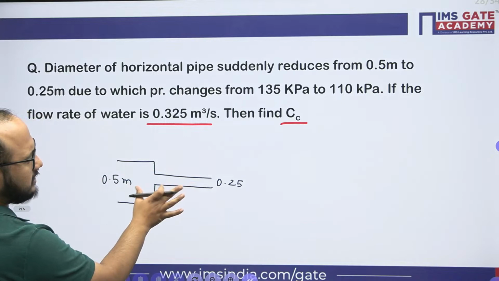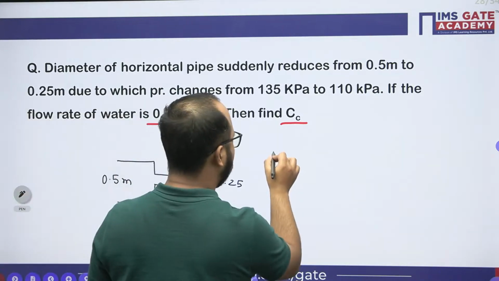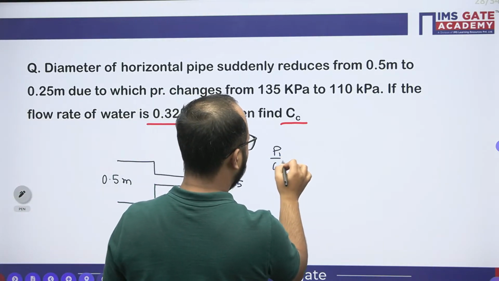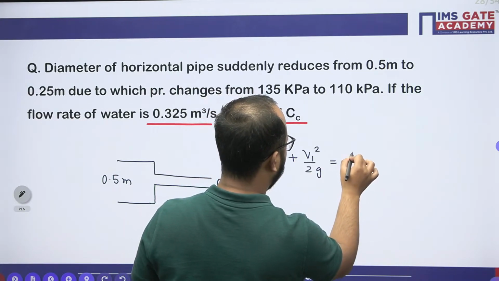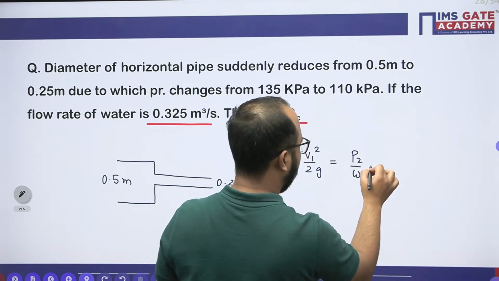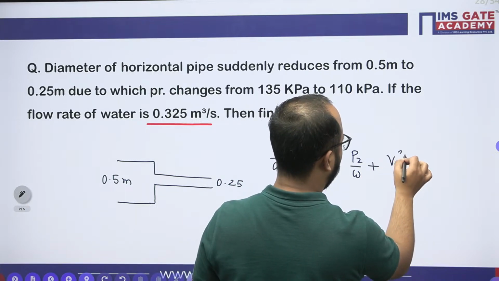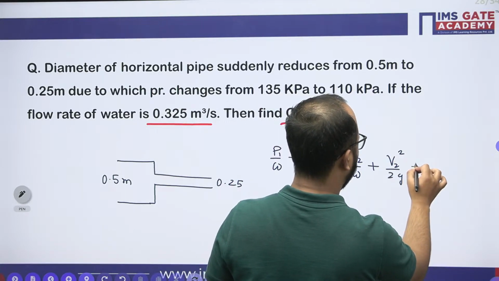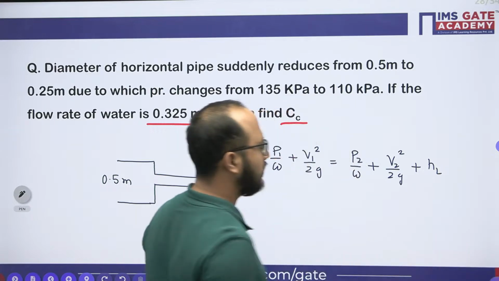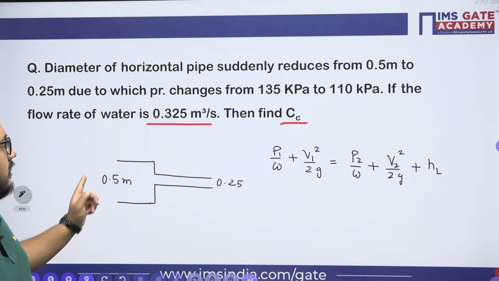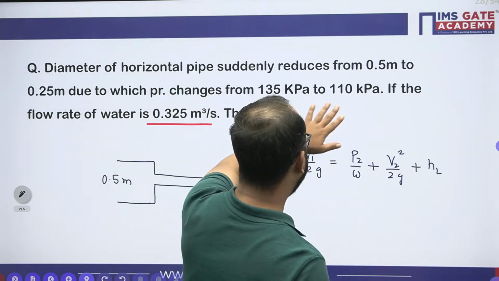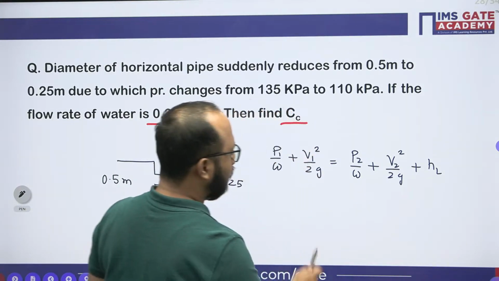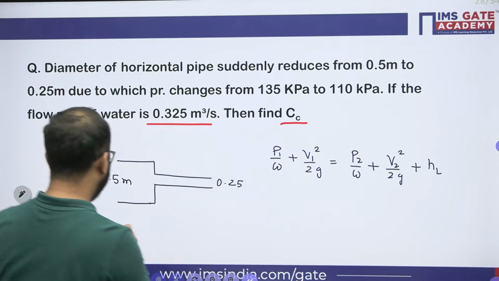Simply see, Z1, Z2 will not be there, so I will not write those things. Simply loss. Okay. So the sudden reduction formula you should know. P1 and P2 values are given. Now for V1 and V2, discharge is given, no?